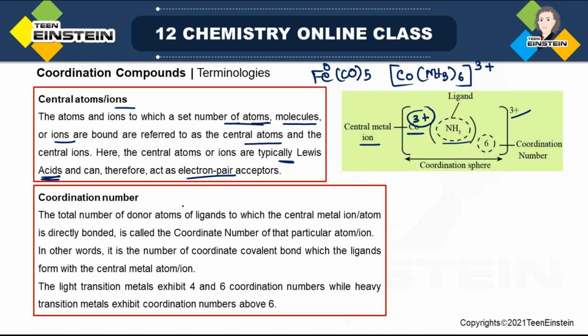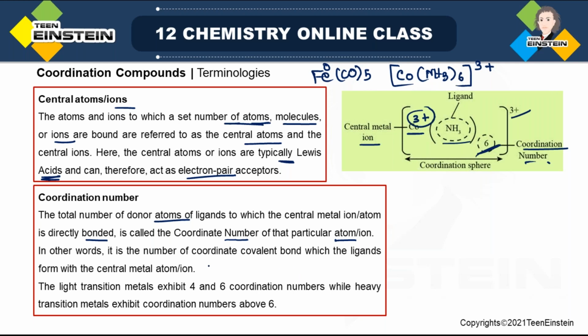Next terminology, coordination number. Though we have already discussed it. The number of total atoms or groups or ions that are attached to the central metal atom, that is the coordination number. Total number of donor atoms of ligands to which the central metal ion or atom is directly bonded is known as the coordination number of that particular atom or ion.